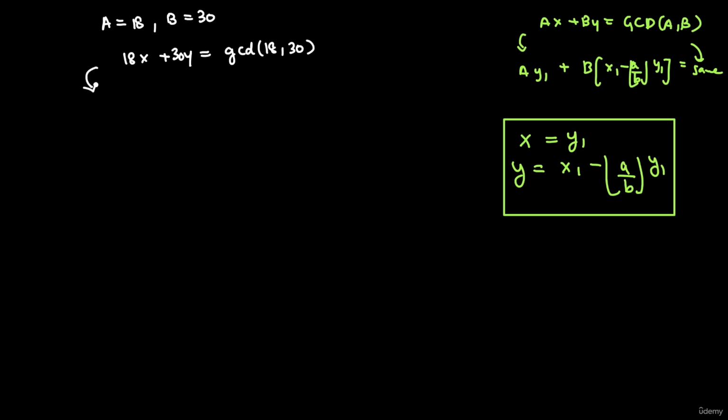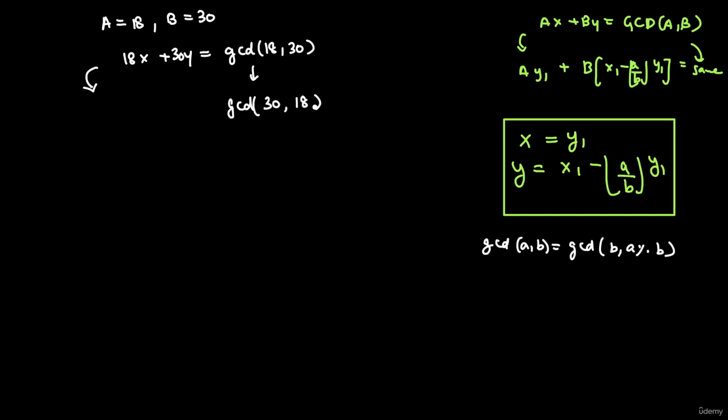We said we will try to reduce this equation. So gcd of 18 and 30 is nothing but gcd of a comma b, which is gcd of b comma a mod b. So this becomes gcd of 30 and 18 mod 30, which is nothing but 18.